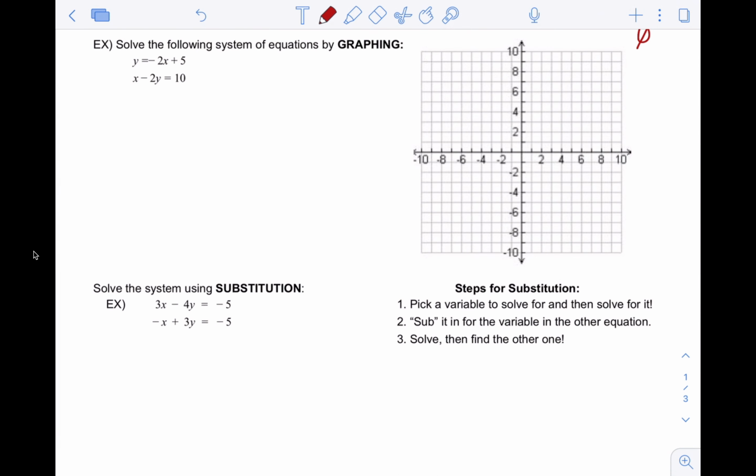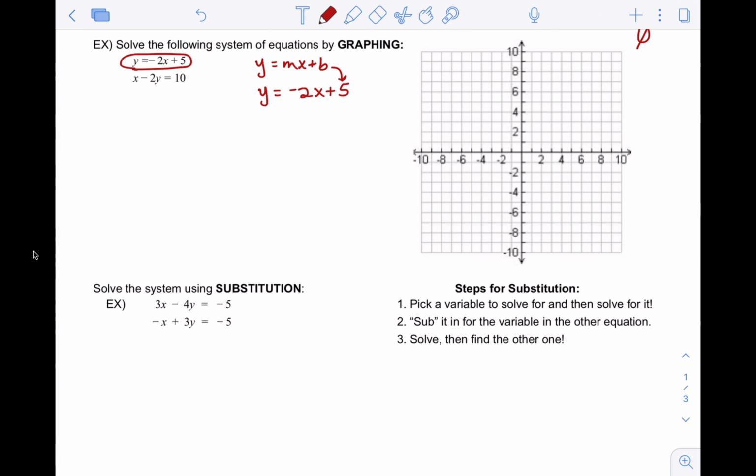For you to be able to do this, you have to remember how to graph a line. Remember that when we graph lines, the easiest form to graph in is slope-intercept form, y equals mx plus b. If your line is already in that format, then graphing is a snap.